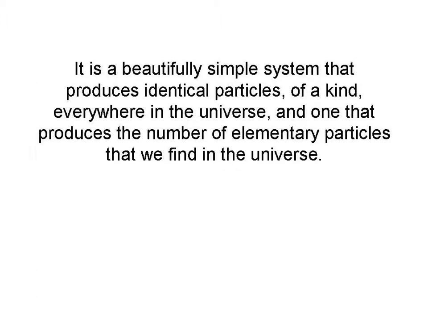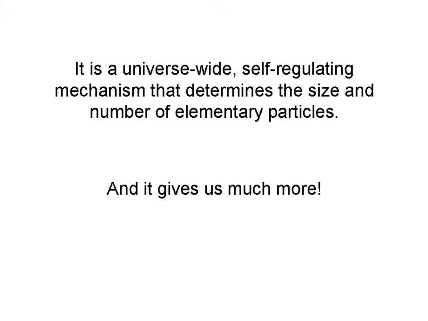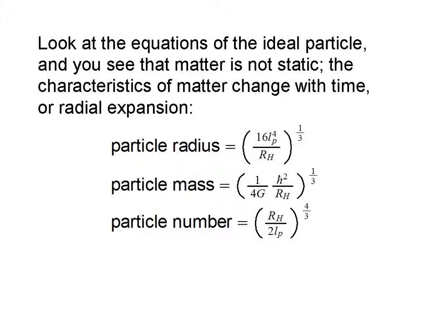It is a beautifully simple system that produces identical particles of a kind everywhere in the universe, and one that produces the number of elementary particles that we find in the universe. It is a universe-wide, self-regulating mechanism that determines the size and number of elementary particles. And it gives us much more. Look at the equations of the ideal particle, and you will see that matter is not static.